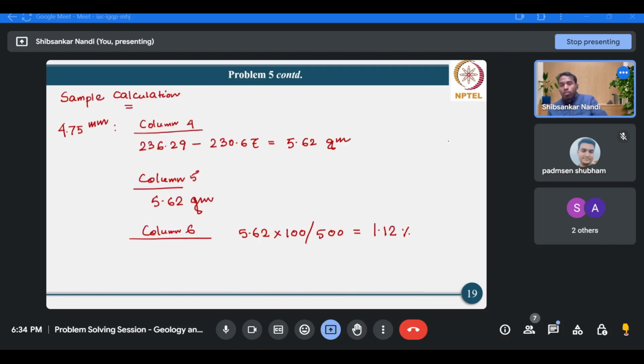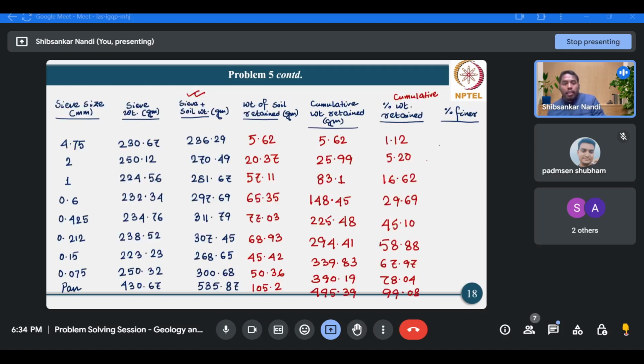Okay, so for sample calculation, this column 7 will be 100 minus 1.12, so that means 98.88. Okay, so 98.88 percent of the total soil weight is passing through 4.75 mm sieve size.